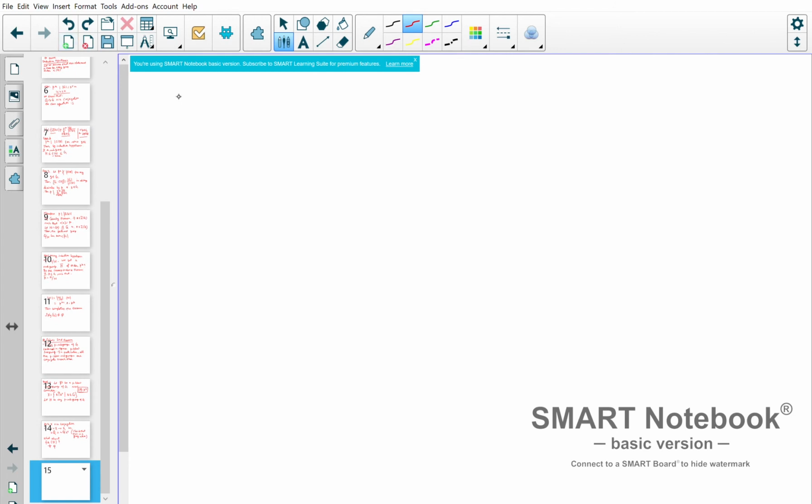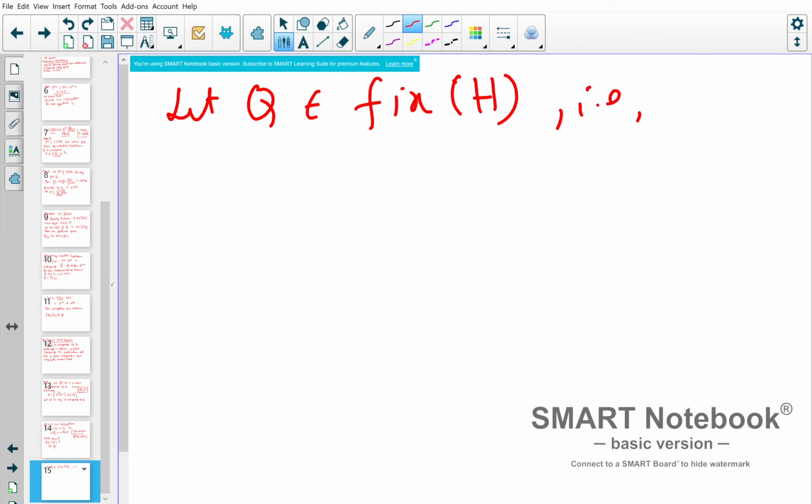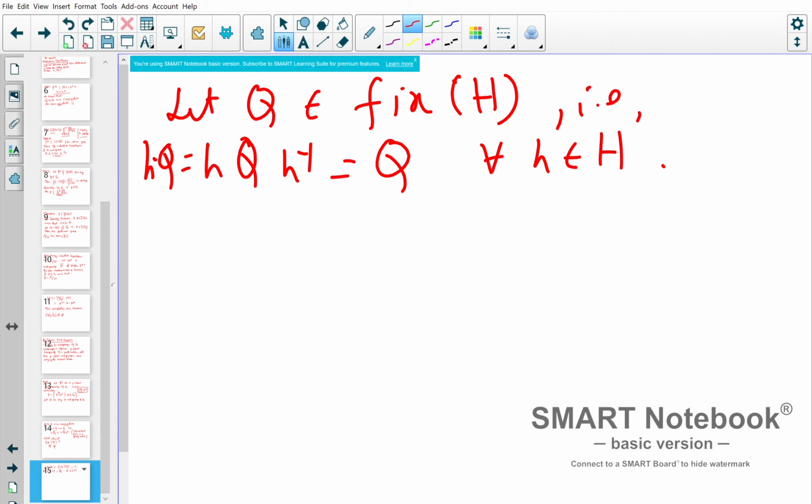So choose an element Q belonging to the fixed points of H. That means h Q h inverse equals Q for all h belonging to H. This is the definition of a fixed point for the conjugation action, because h dot Q is h Q h inverse, and it has to be Q. So every element of H normalizes Q, which means H is a subset of the normalizer of Q in G.